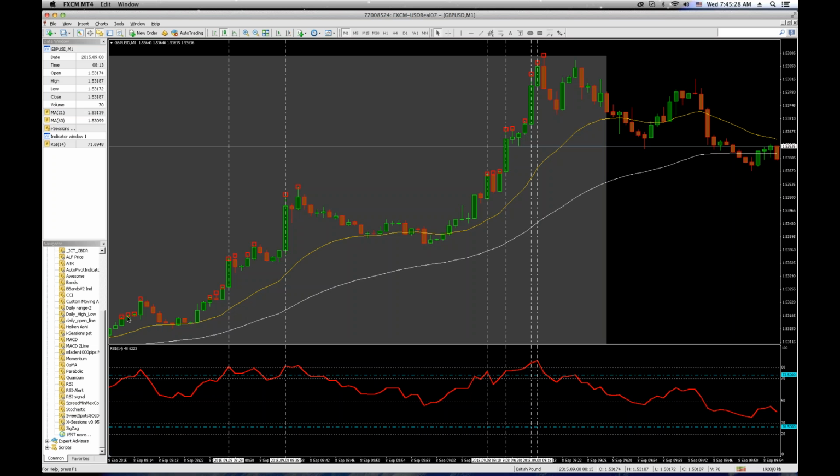Okay, it's got to be at least $20,000. But anyways, that's his thing, and he does take every box, every red square or blue square if the price is going down.